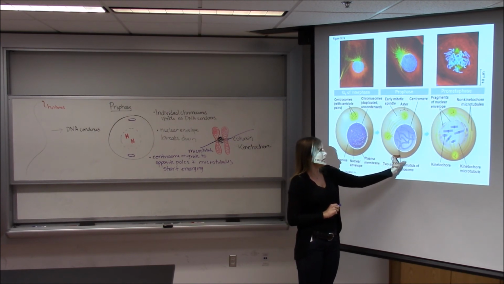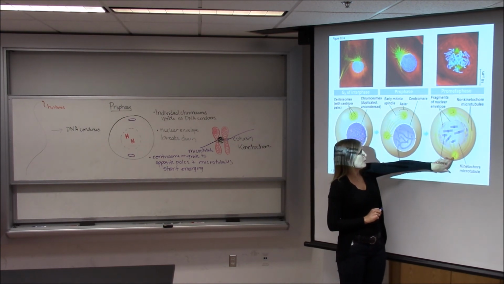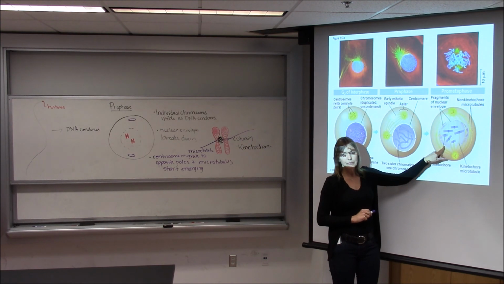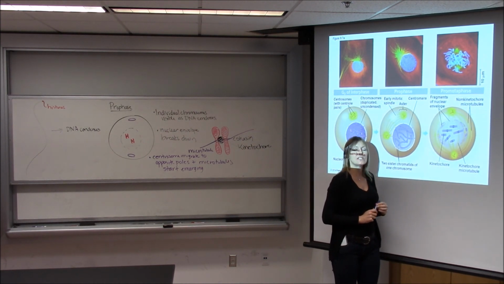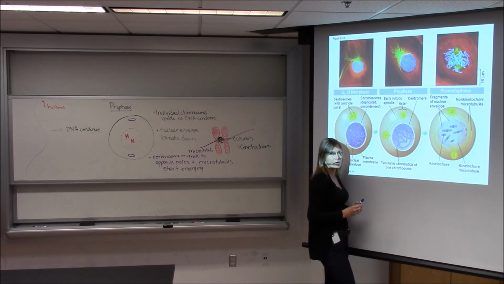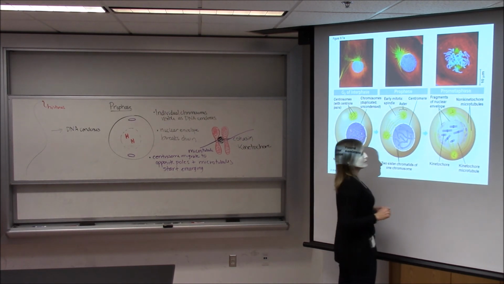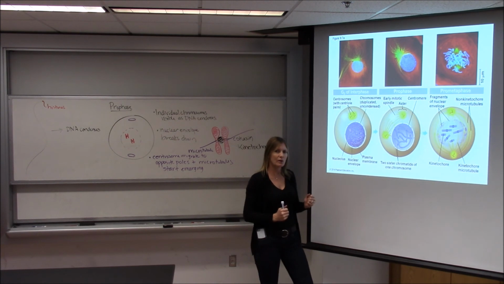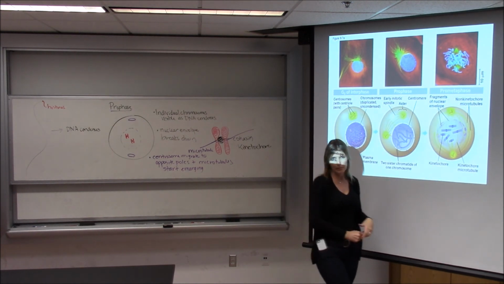You know you're at the next phase called prometaphase when those have reached opposite poles and the nuclear envelope has completely disappeared. And now those microtubules are going to attach to the kinetochore on each sister chromatid. And they're going to do this in a very specific way, so that each sister chromatid is connected to a microtubule from an opposite pole.